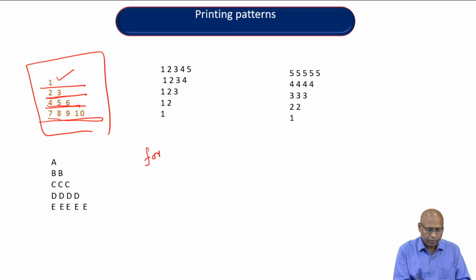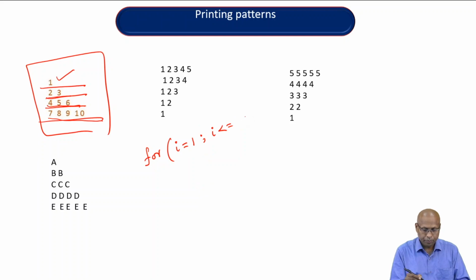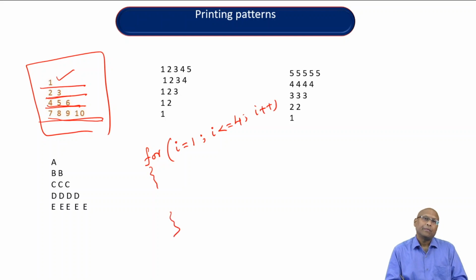So, for this, how will I write? For i equal to 1 until i less than or equal to 4, semicolon, i plus plus. That means my loop repeats 4 times.